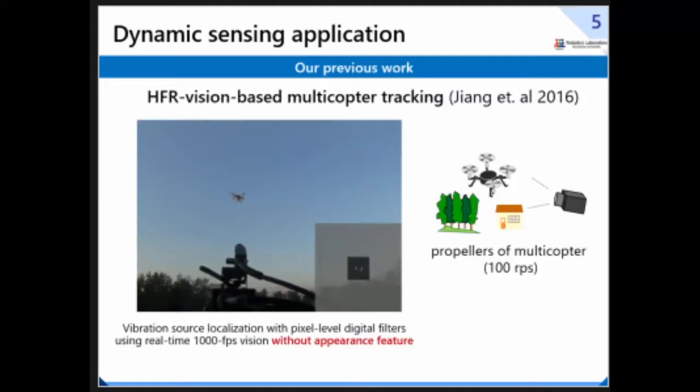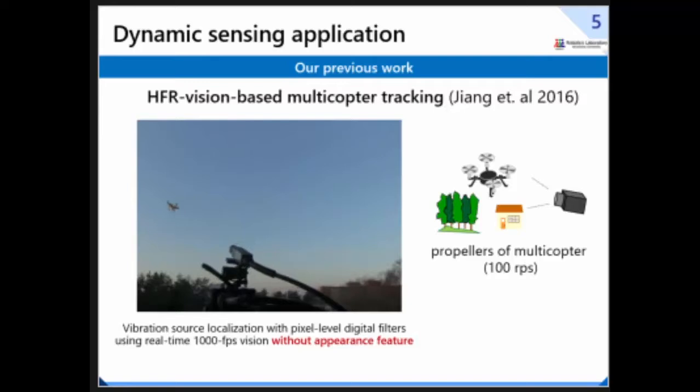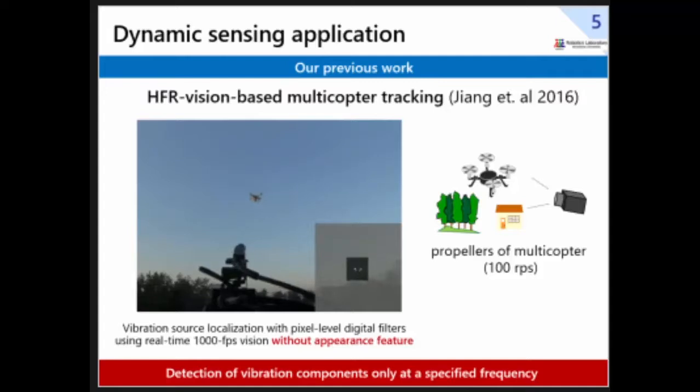Thus, the multicopter propellers rotating at around 100 hertz can be localized as vibration sources with pixel-level digital filters, and our high-frame vision can track the flying multicopter. When we implement this method, we need to know the target frequency beforehand. So there are some problems in this approach.